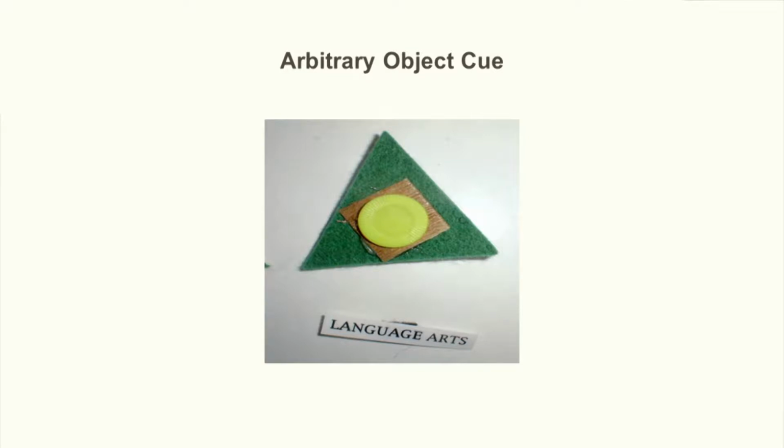It's a triangle, it's a place, and then it's got the square and it's got like a poker chip. And that means language arts. Well, how else are we going to say language arts or math or whatever? Once again, those things are a little bit out there, so you've got to bring it in and make it real to the kid. Once again, the thing is consistency.